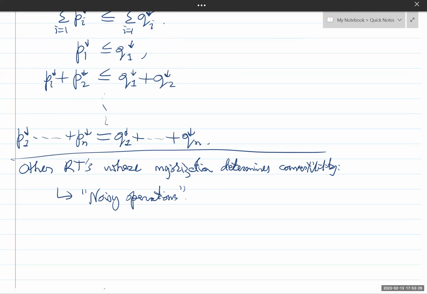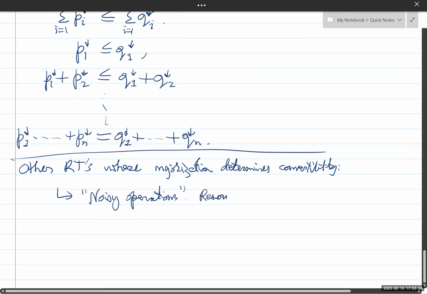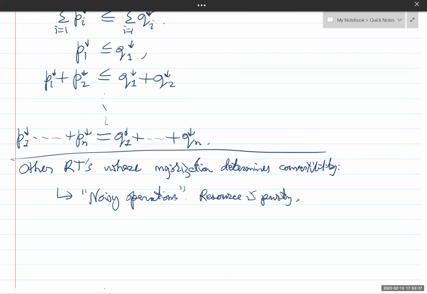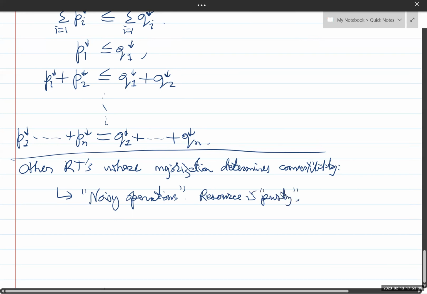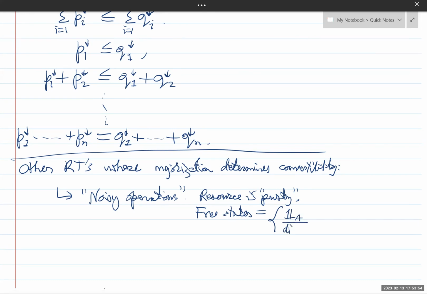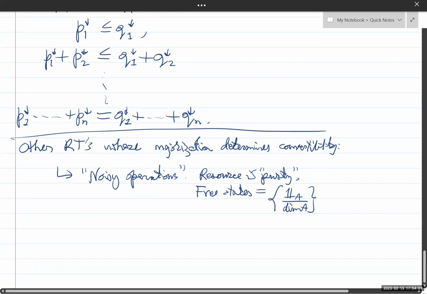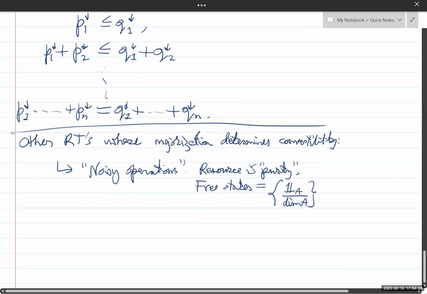So you can say that the resource is purity, so that the set of free states are only of the form maximally mixed states of the dimensionality of whichever system, right?